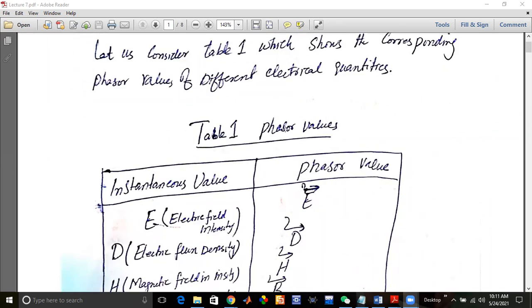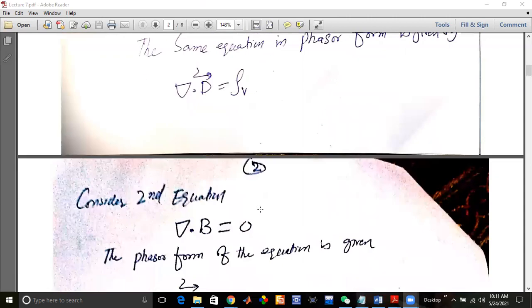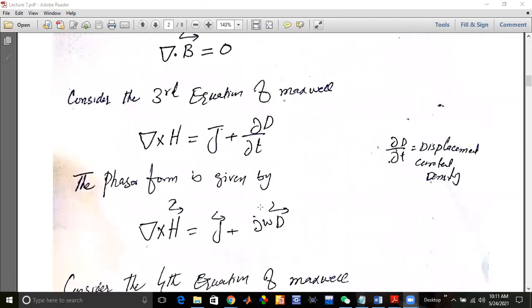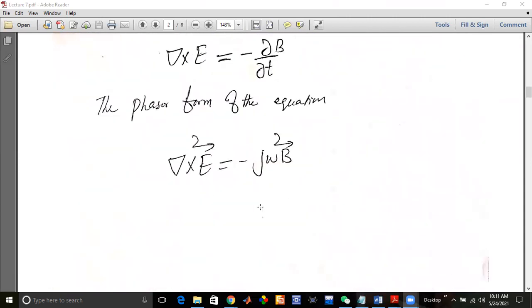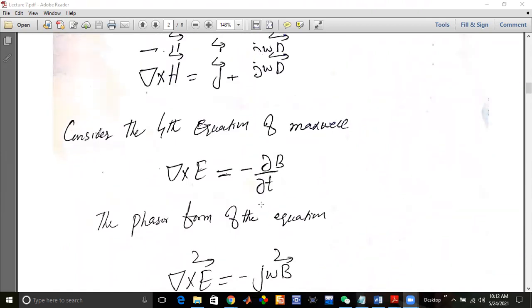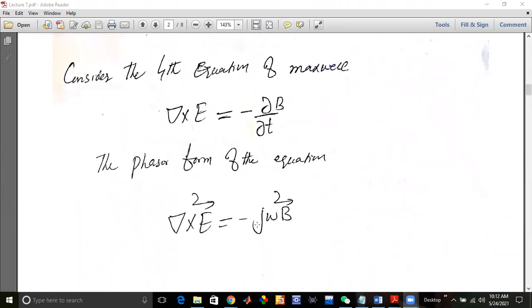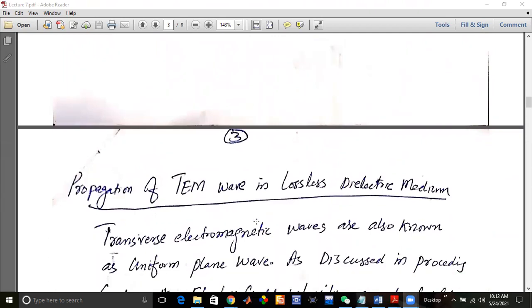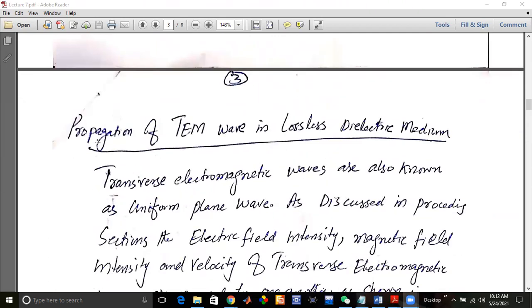So here we will use the phasor form and instantaneous form of the Maxwell equations, and then we will study the propagation of TEM waves in a lossless dielectric medium.